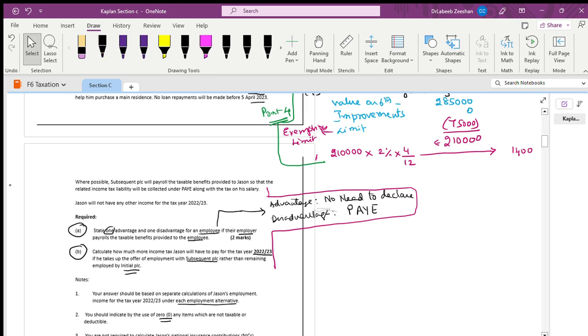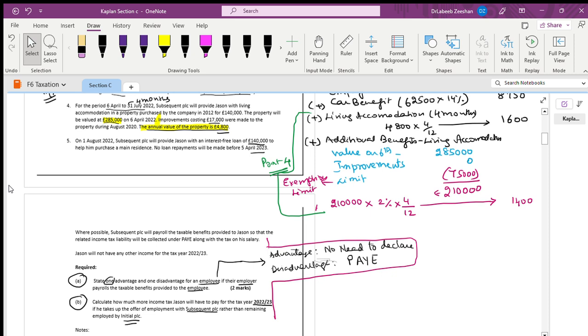How much are they giving as a loan? They are giving a loan for 140,000.